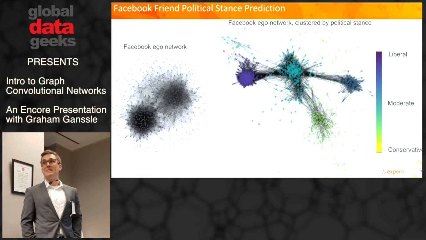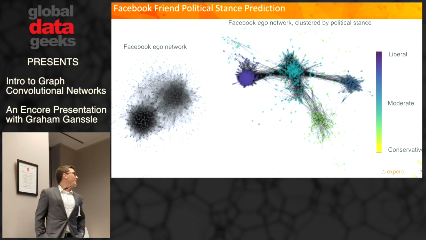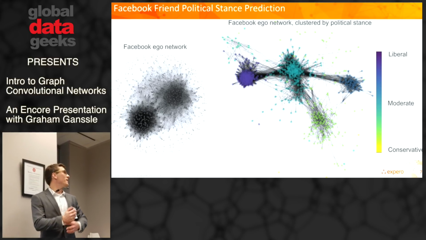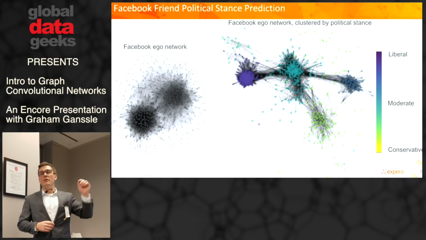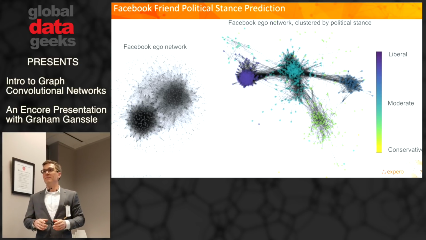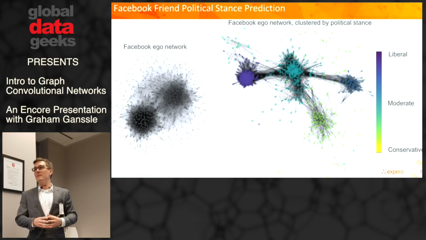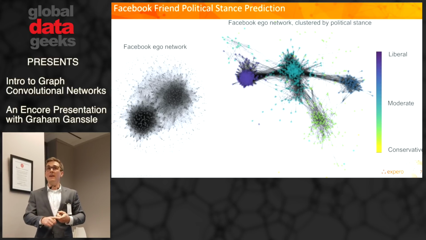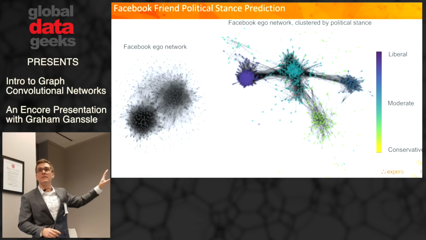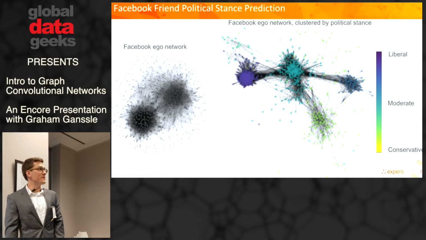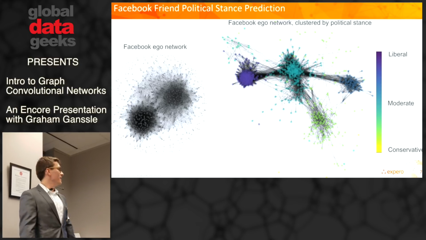I promise I didn't prep this because of Cambridge. But we already know this because it's been in the news for the past 2 weeks: if you know about your friends' political stances and some other things, then you can infer political stances of that user and of other users inside of that ego network. Those are called alters in the parlance of the Facebook API.